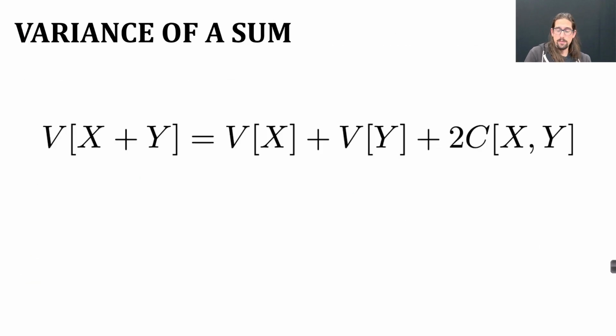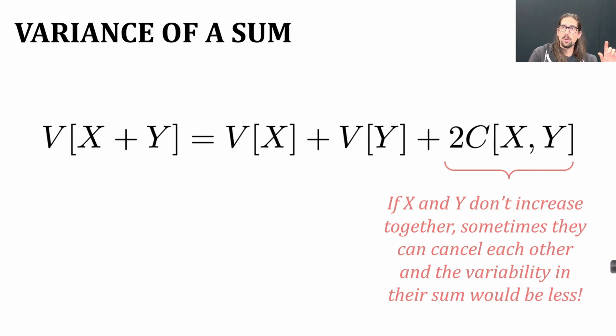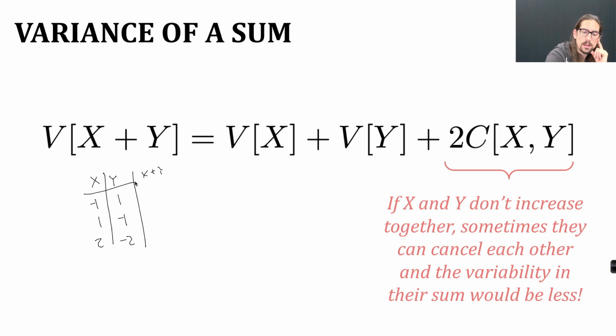But when you have two random variables where when x is small, y tends to be big, then this sum here, you're going to get a lot of cancellations, right? So think about your population data frame that has x and y, right? If this is -1 and this is 1, and then when this is -1, this is 1, and we have 2 here, this is -2, right? If you sum them up, you get x plus y, you're going to get 0, 0, 0, 0, right?